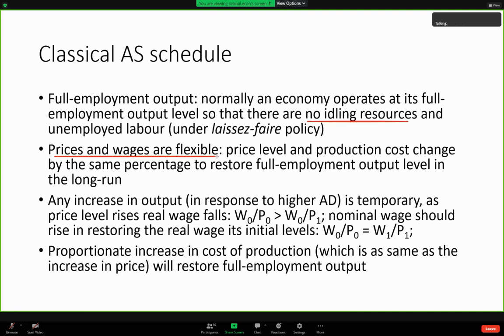Last year, we had 50% inflation, so in the classical view, our salaries, our incomes should go up by 50%. So why did it not happen? Because we are talking about the long run. But in the long run, it will happen.